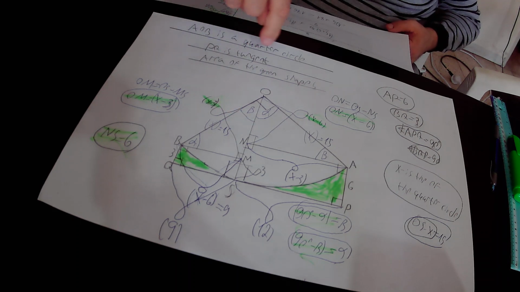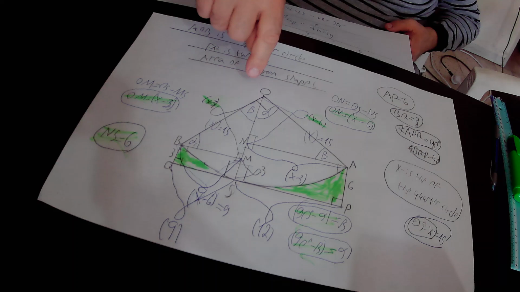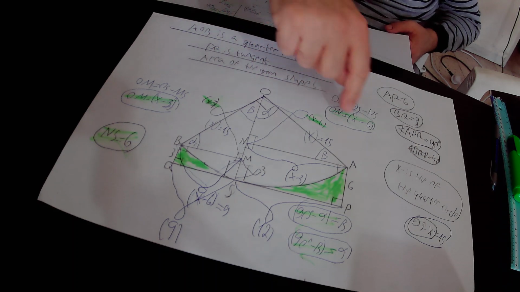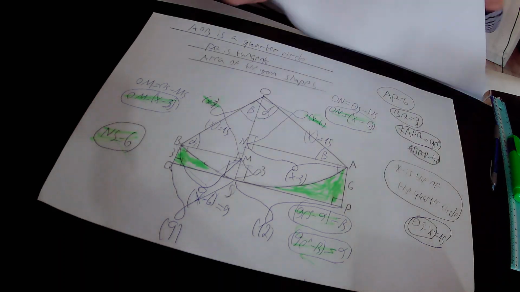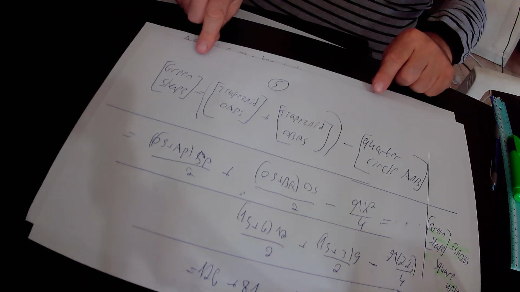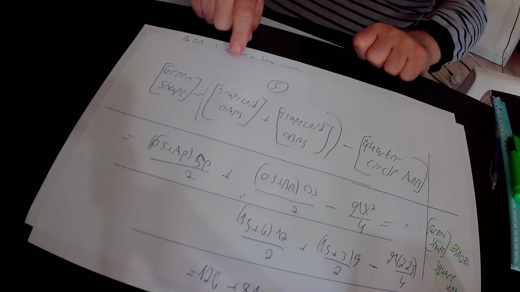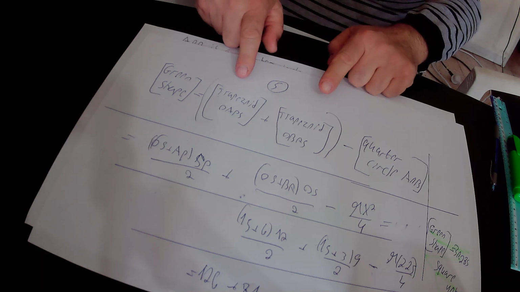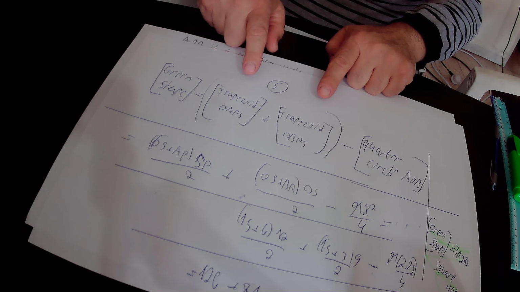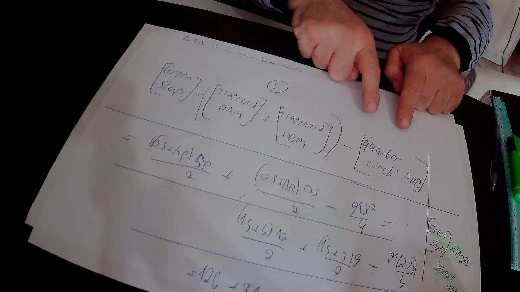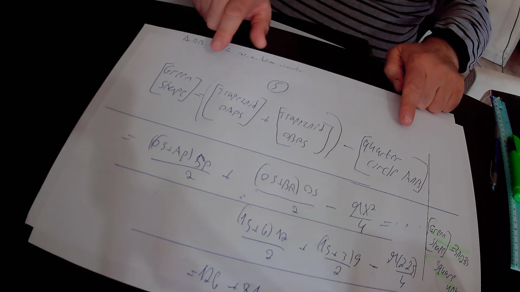Repeat again: the area of the green shape equals the area of the whole shape, that is the sum of the areas of the two trapezoids OAPS plus OBQS, minus the area of the quarter circle AOB.